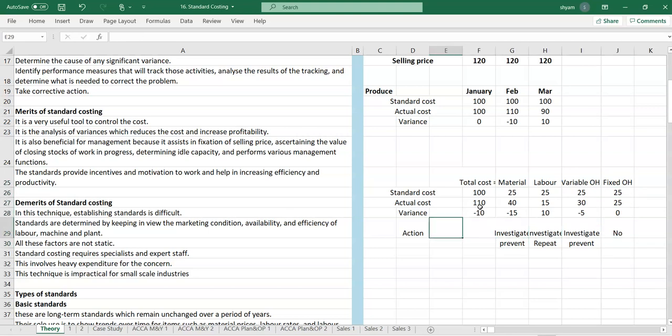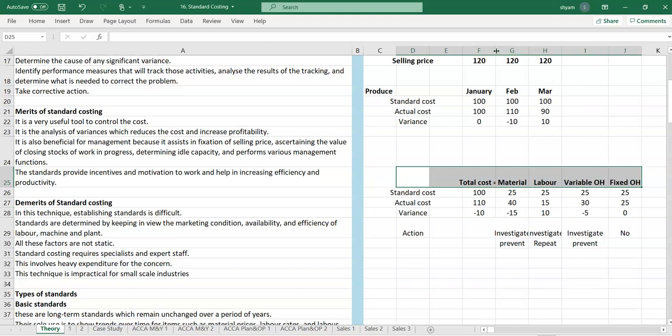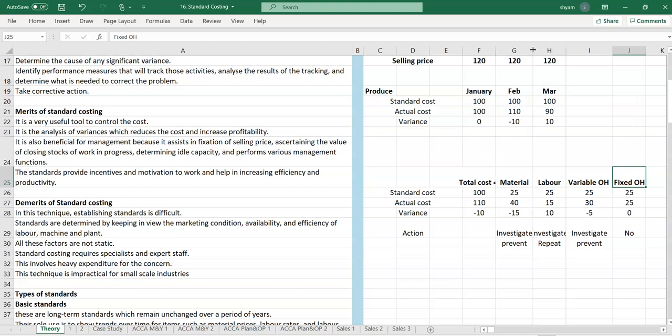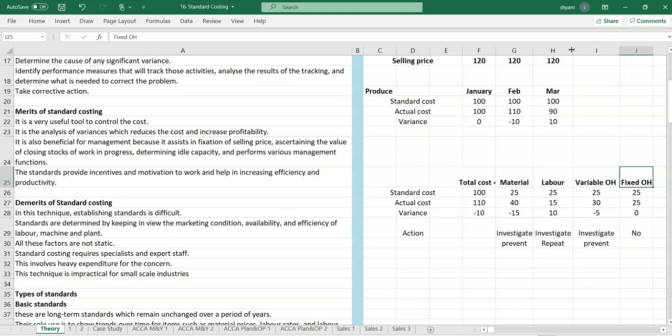So just finding out the difference is not the concept. The concept is to find out where the variances are occurring, and we are trying to stop the negative variances, and we are also trying to repeat any positive variances.